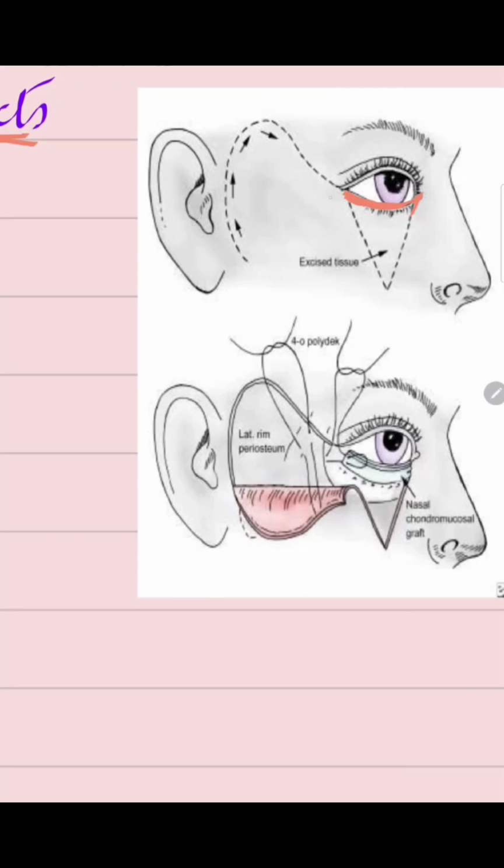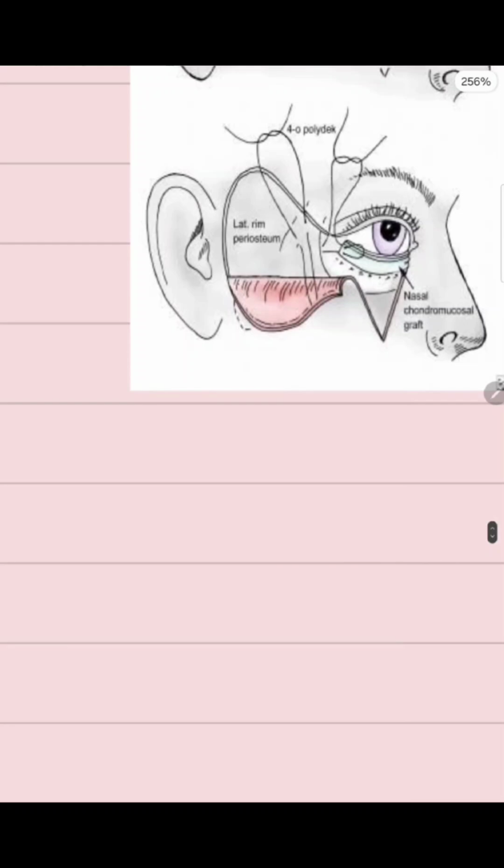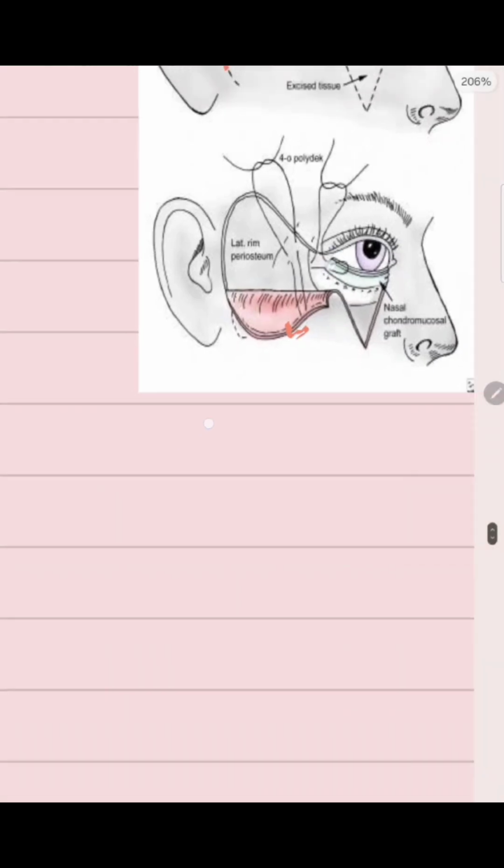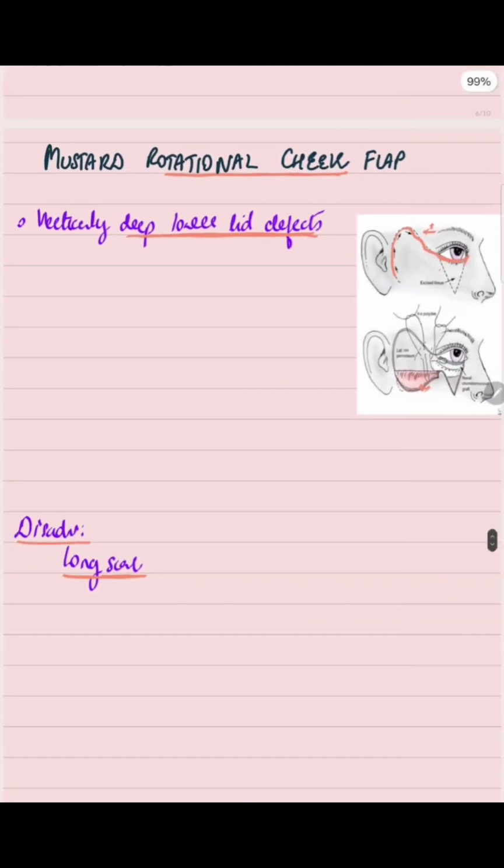A semicircular flap beginning at the lateral canthus and extending to the area immediately adjacent to the auricular tragus is dissected, with the superior limit of the semicircle at or above the level of the brow to prevent sagging of the lateral lid margin. The medial triangle is excised, the posterior lamellar graft is placed and the rotational cheek flap is mobilized nasally. That is about the Mustard rotational cheek flap.